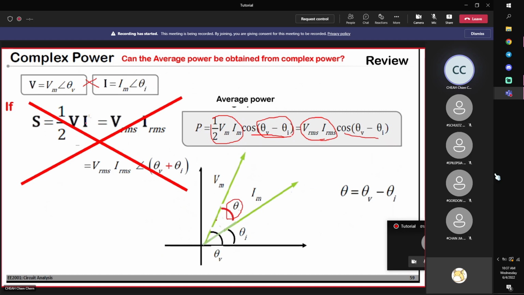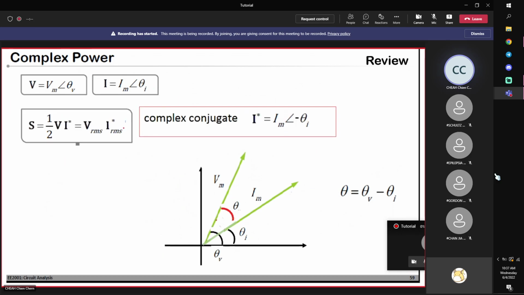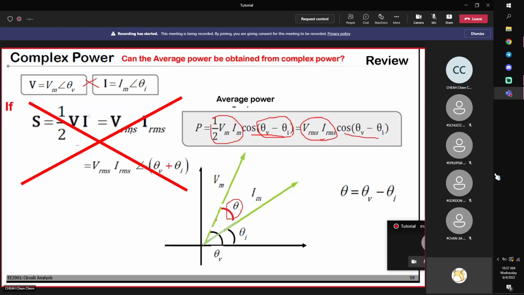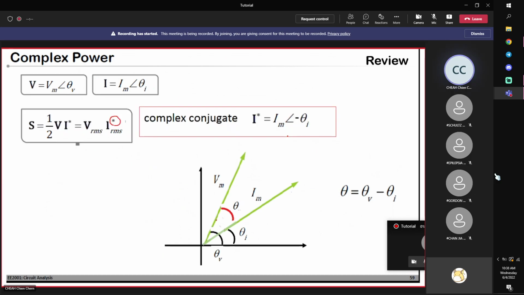This basically means that this won't work. And in fact, I'm trying to explain why we add this asterisk here in your notes. Because if you don't do that, what you get is the sum of the angles, not the phase difference between them. The purpose of putting this asterisk there is to make your current's angle negative, so that when we multiply V by I asterisk, you actually get the phase difference between them.